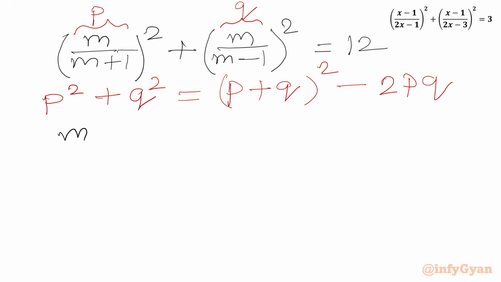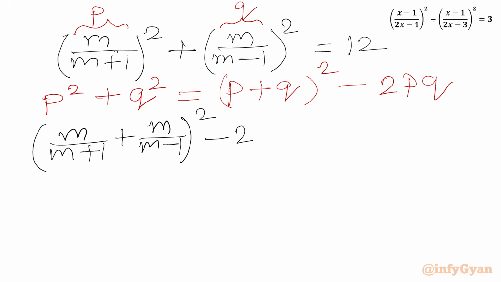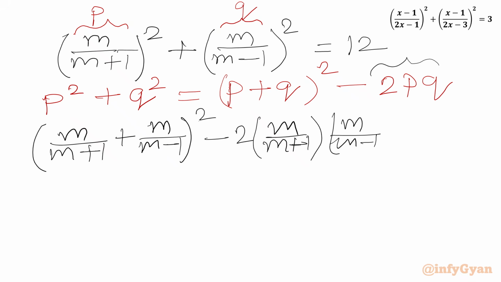Let me write here m over m plus 1, this is p, m over m minus 1, this is q, whole square minus 2 times p times q. So I will write m over m plus 1, this is p value, times m over m minus 1, this is q. Right hand side is 12. If I will write in LHS, I need to write minus 12 equal to 0.